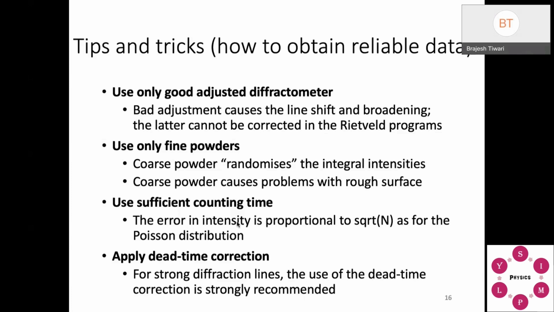Apply dead time correction. For strong diffraction lines, the use of dead time correction is strongly recommended, but that is not recommended for your powder one, so we will leave it for now.